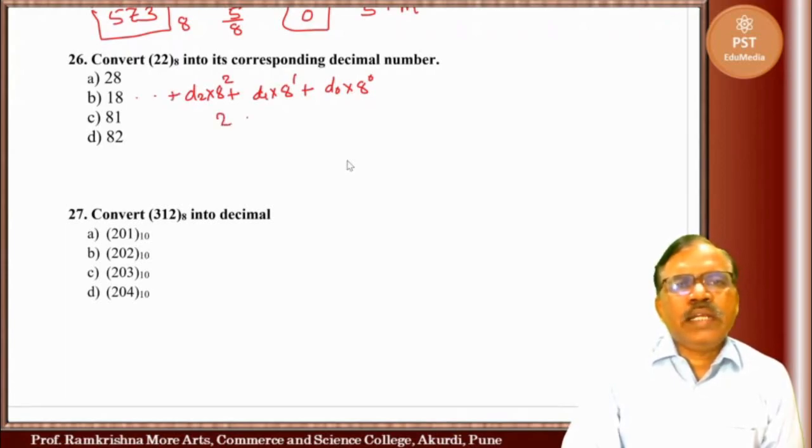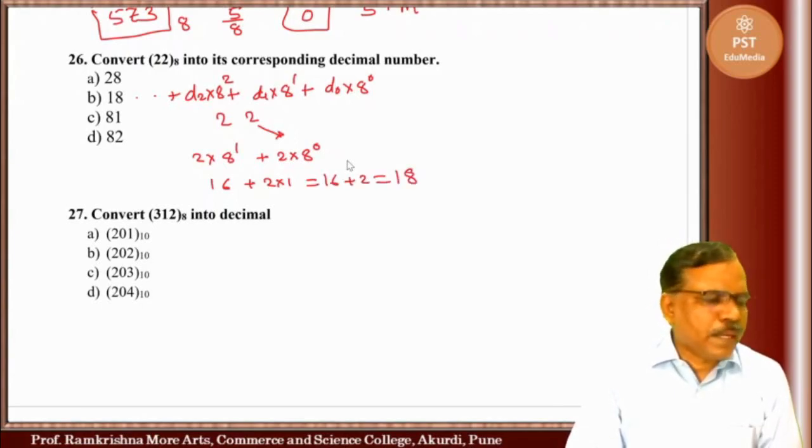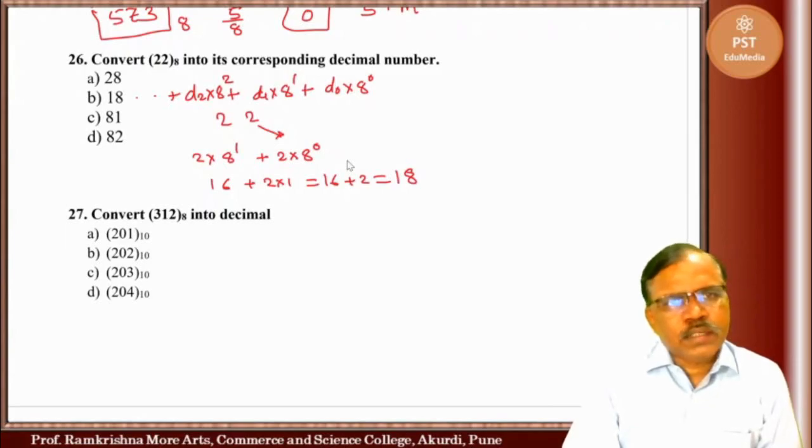Now here 22 is given, so corresponding to this we have 2 into 8 raised to 0 plus 2 into 8 raised to 1. So 2 into 8 raised to 1, that is 16, plus 2 into 1, that is 2. So 16 plus 2, that is 18. So here this second one is correct.